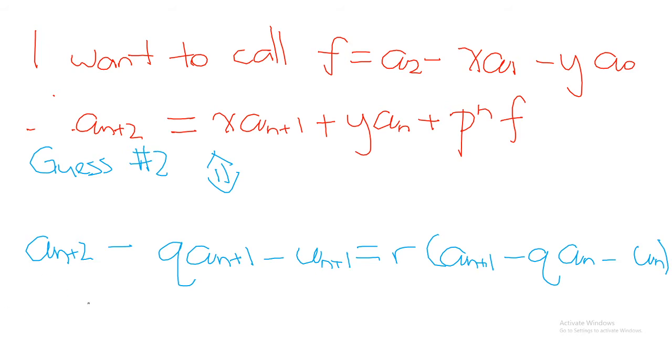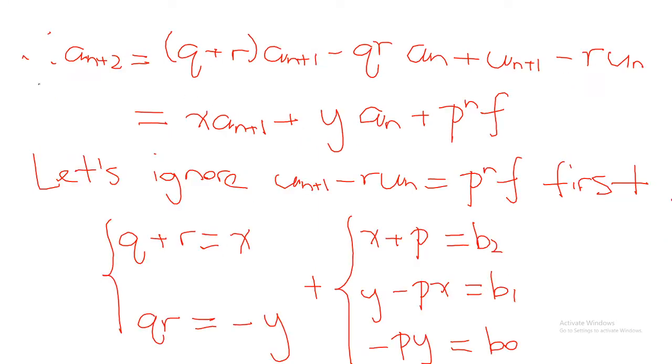So our guess is An plus 2 minus q times An plus 1 minus un plus 1, which is something mysterious about n, is identical to r times An plus 1 minus q times An minus un, because we can deduce using the same idea, right? So An plus 2 is q plus r times An plus 1 minus q times r times An plus un plus 1 minus r times un.